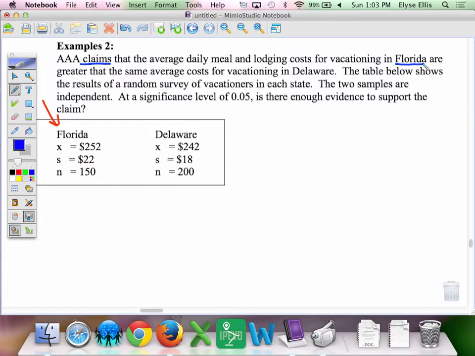Well, we are claiming this time that the cost for Florida, this is going to be group 1, is greater than the average in Delaware, that's group 2. Notice group 1, group 2 given in the box.